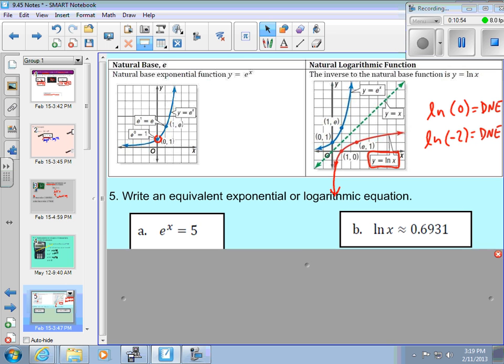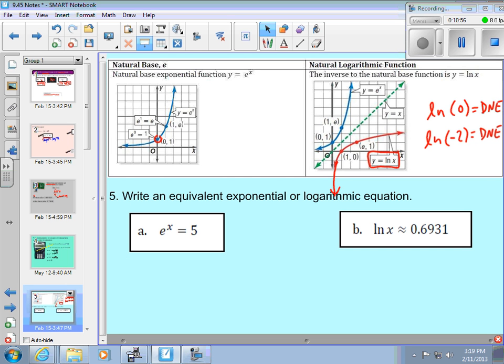All right, so we're going to try doing a little bit of solving here. On problem 5, they want us to figure out what e to what power equals 5. Well, this equation is in exponential form. If we want to solve this, we want to turn it into log form.